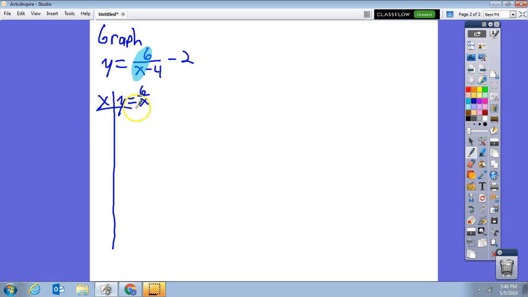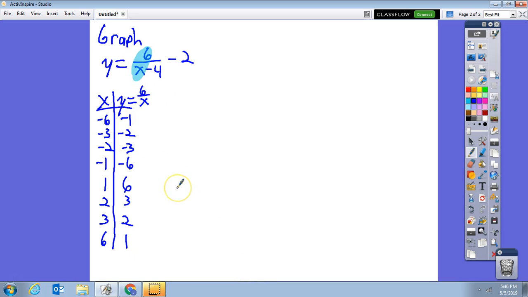So you can make a table of values for 6 over x just like you normally do, knowing that the points (1, 6) and (6, 1) will be there, knowing that the negative versions of those points, (-6, -1) and (-1, -6), will be there, and then knowing that you will also have the points like (2, 3) and (3, 2), factors of 6. And then (-3, -2) and (-2, -3), the negative versions. So again, very quickly you have 8 points automatically on that graph.